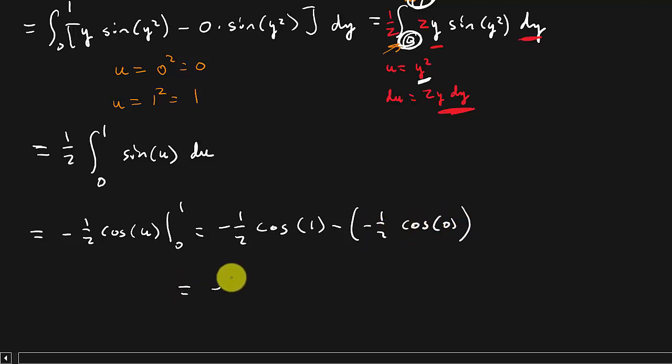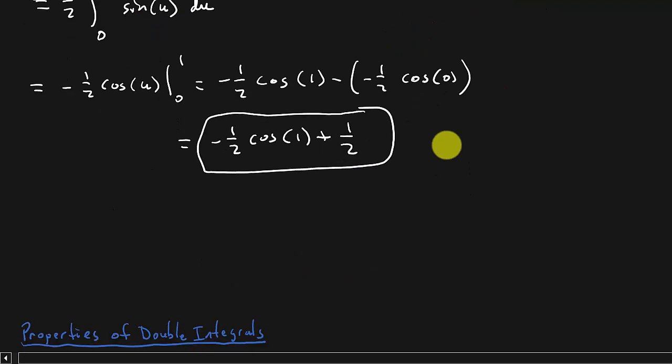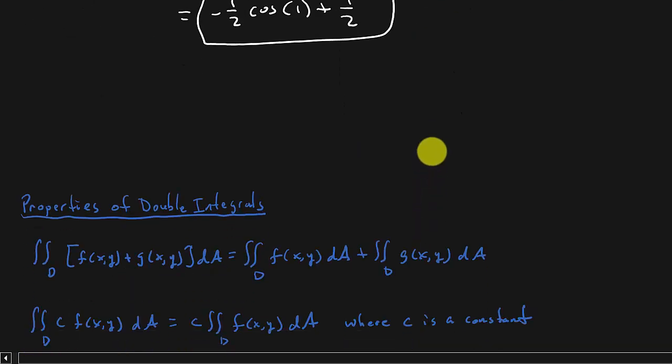And so that's going to be -1/2 cosine 1 plus, so cosine of 0 is 1. 1 times -1/2 is -1/2. Negative is positive, so that's +1/2. And, you know, I guess you can either plug it into your calculator or leave it like that. Whichever one would be fine.